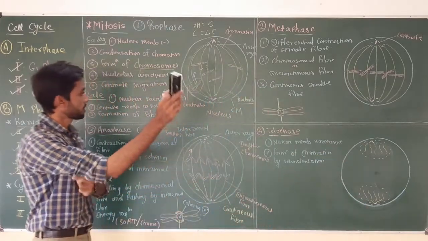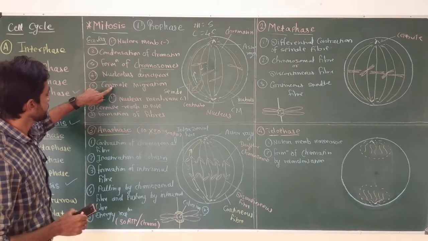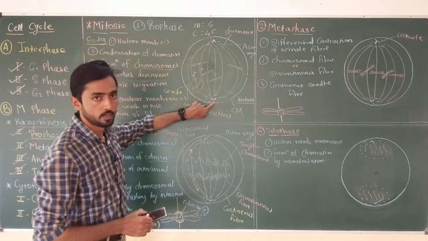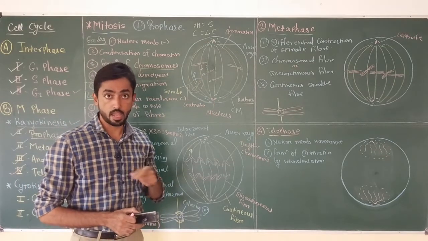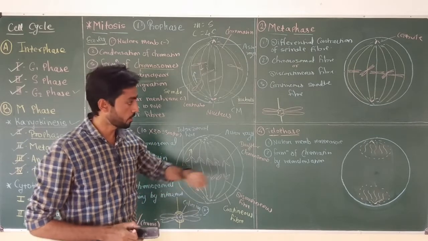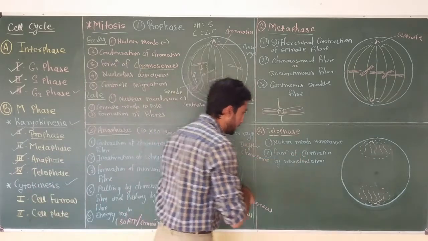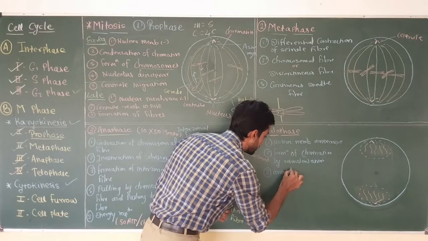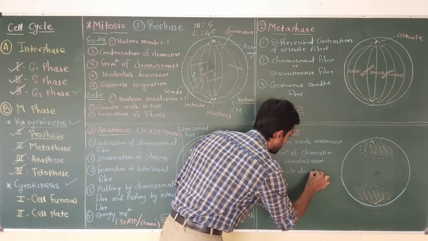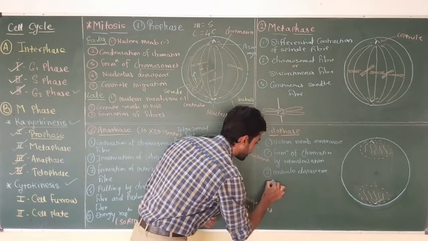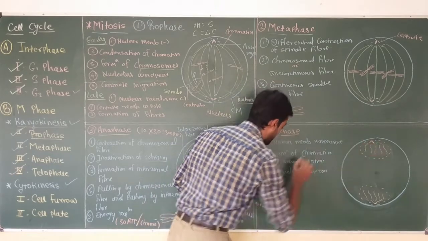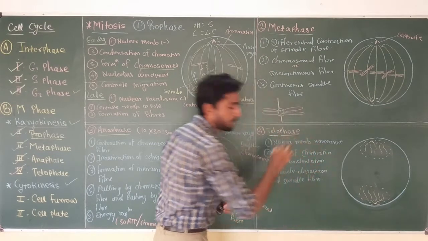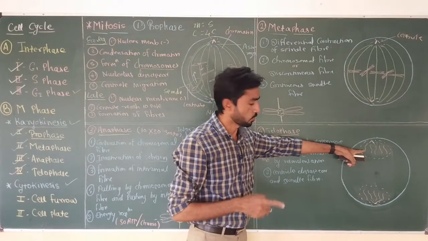The third change that occurs during telophase is centriole migration. In this case, centrioles migrate towards the opposite poles, and they become active and start synthesizing spindle fiber. Now, the centrioles disappear, and the spindle fibers dissociate from the chromatin and disappear.